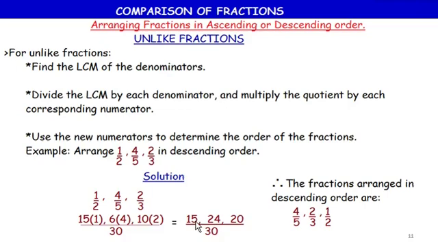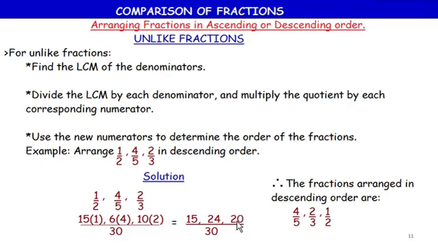So comparing 15, 24 and 20, which one is the biggest? It is obviously 24, right? And what fraction is represented by 24? It is 4 over 5. So 4 over 5 comes first. Followed by what? Followed by 20, right? So 20 is the next highest number.